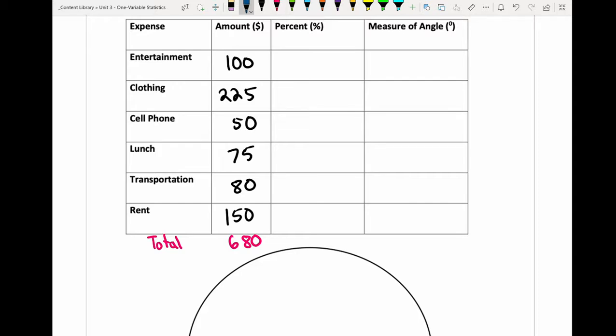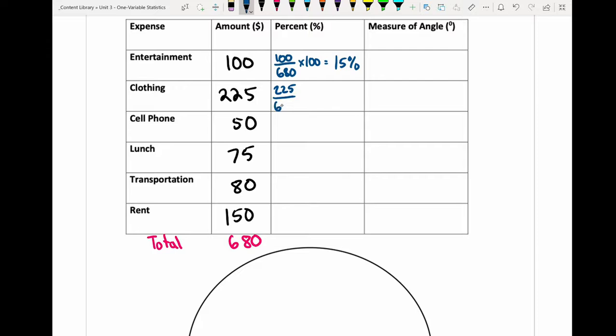So to find the percent of each one, we know that entertainment is $100 out of a total of 680, multiplied by 100. So we divide what we have by our total, multiplied by 100, and we get roughly 15%. We continue that with the rest of them.